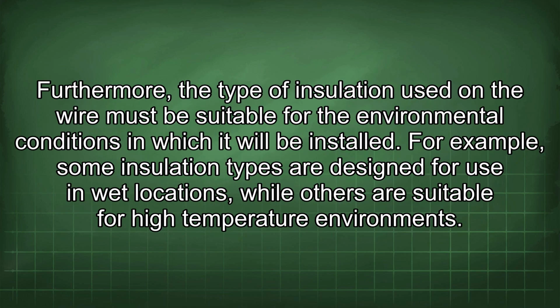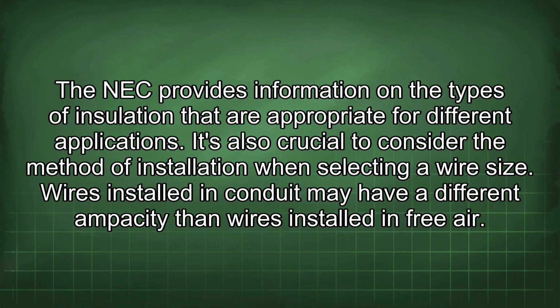Furthermore, the type of insulation used on the wire must be suitable for the environmental conditions in which it will be installed. For example, some insulation types are designed for use in wet locations, while others are suitable for high-temperature environments. The NEC provides information on the types of insulation that are appropriate for different applications.